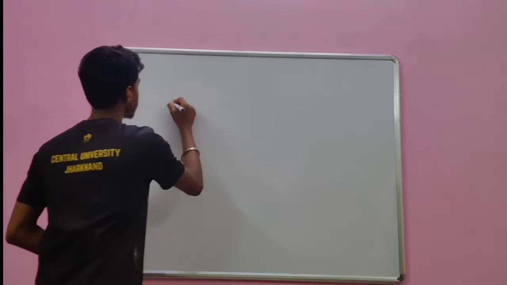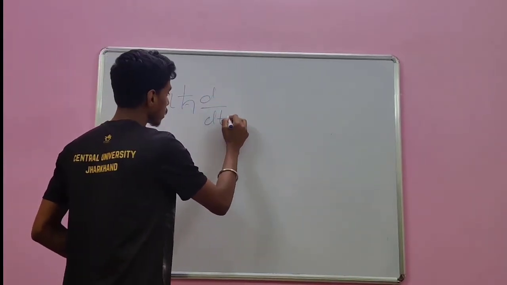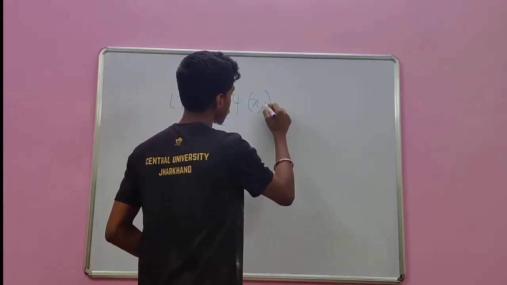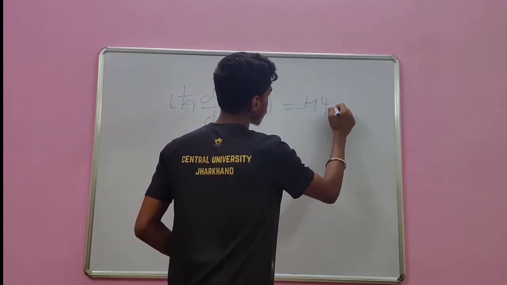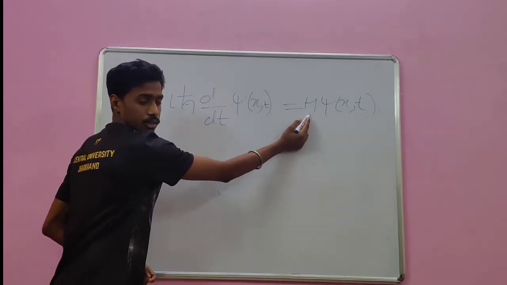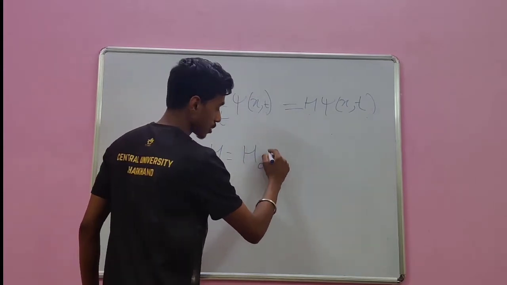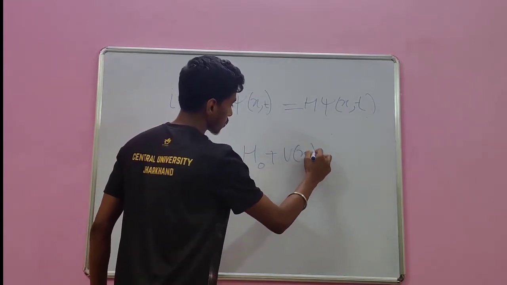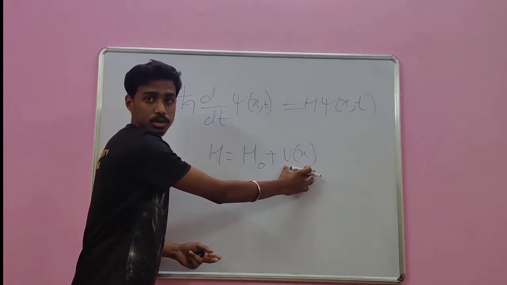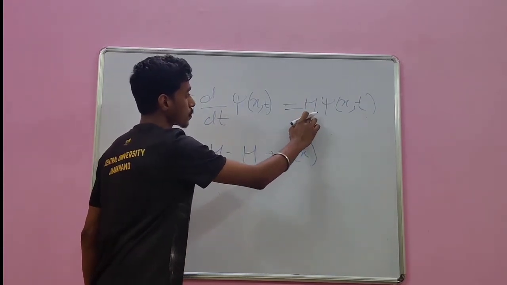Our Schrodinger equation is i h cross del by del t of psi(x, t) equals H psi. Here this is our Hamiltonian, which can be written as H naught plus V(x). The potential term in the Schrodinger equation is contained only in this Hamiltonian.